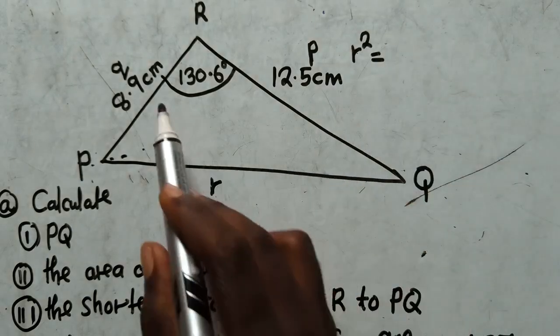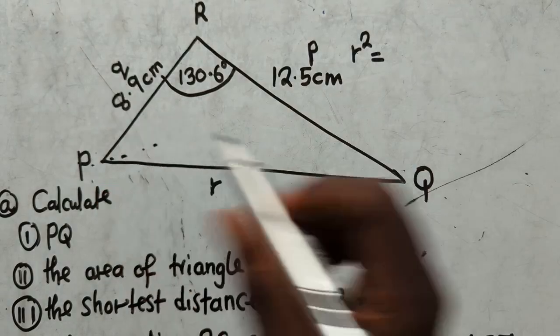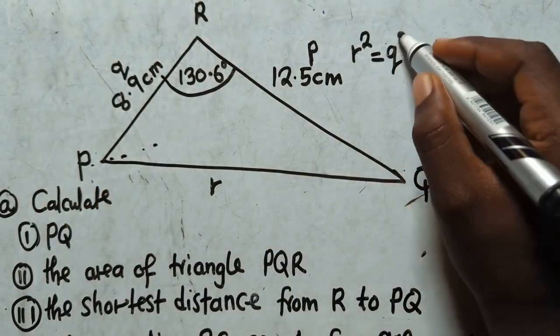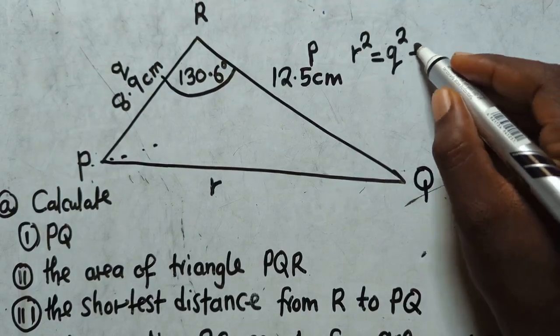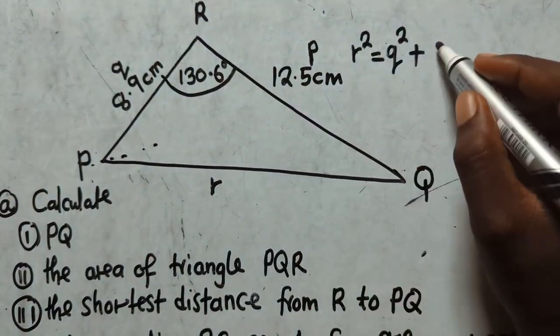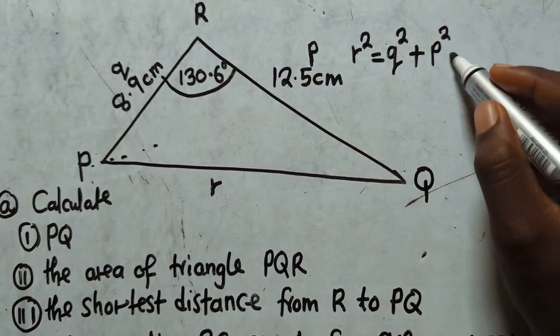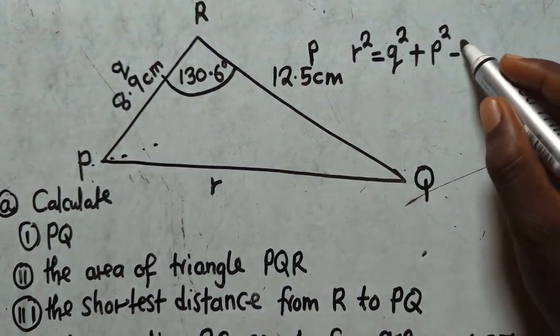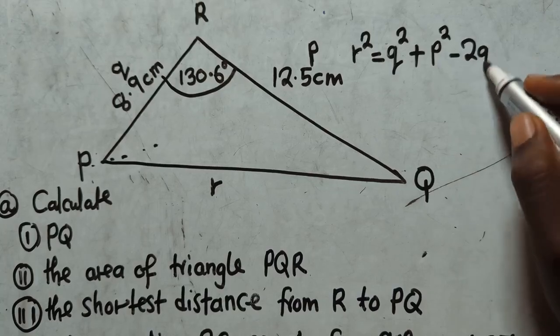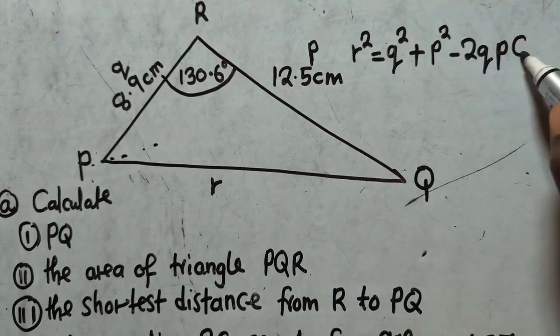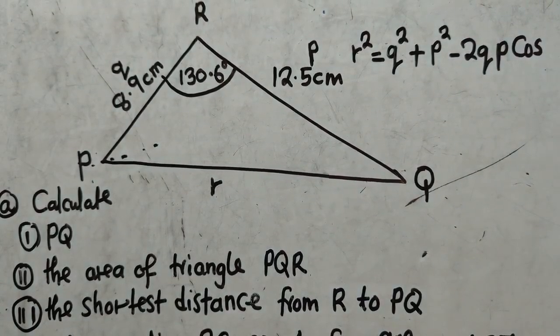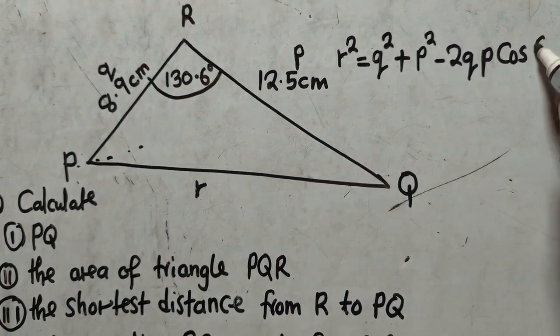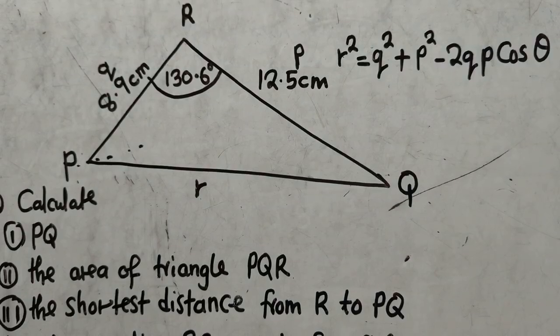So you add the squares of the two sides given. You are given Q, so you say Q squared plus P squared minus 2QP cos theta. This is what we are going to do.